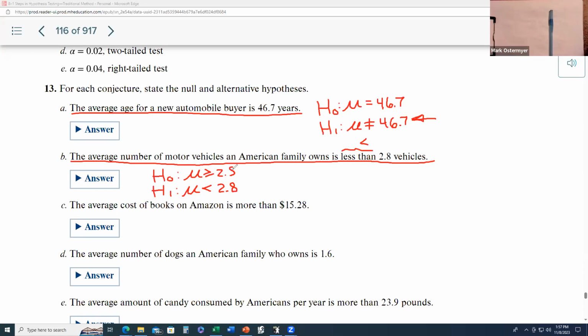But your author doesn't say this. Your author just says mu is equal to 2.8. Technically, this is the complementary statement of saying not less than. To say not less than means to admit that it's greater than or equal to. But your author is not going to say greater than or equal to. Your author is just going to say this for the null hypothesis. Just equal to. That's it. Just equal to. Okay. Those would be the hypotheses we'd want to test.